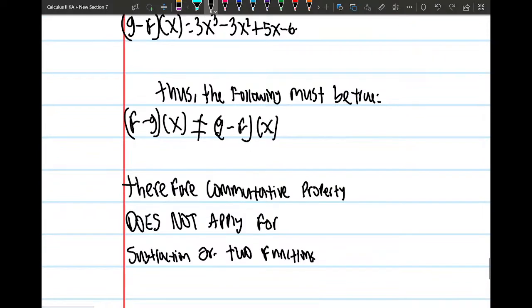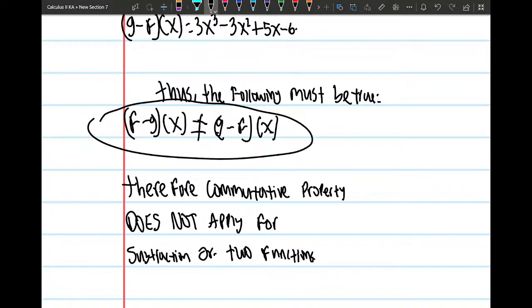So it's like I said, f minus g of x does not equal g minus f of x. And that's the idea that I wanted to make very clear.